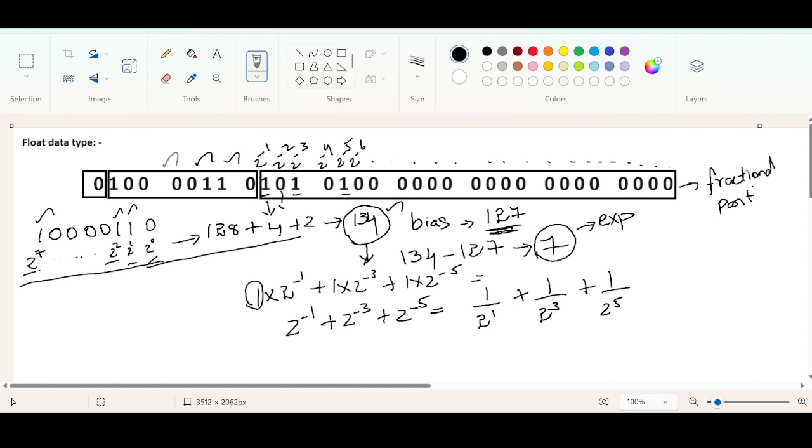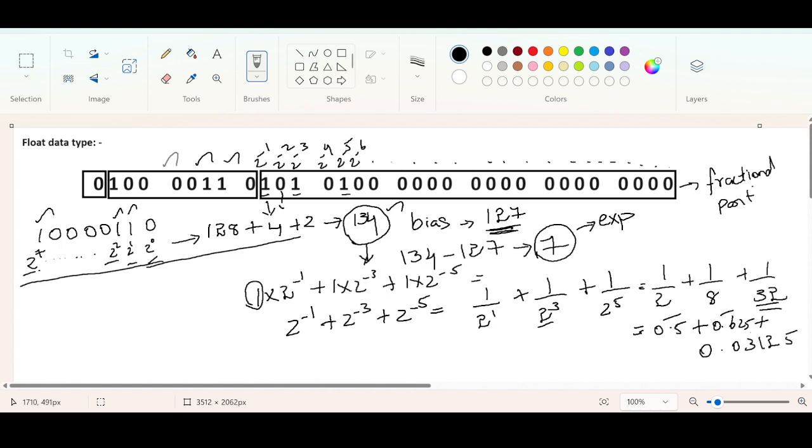These are mathematical concepts we have studied in our school days, so I don't think you need much explanation on this. So again, 1 by 2, plus 1 by 2 to the power of 3, which is 8, plus 1 by 2 to the power of 4, which is 16. 1 by 2 gives us 0.5, 1 by 8 gives 0.125, and 1 by 16 gives 0.0625.